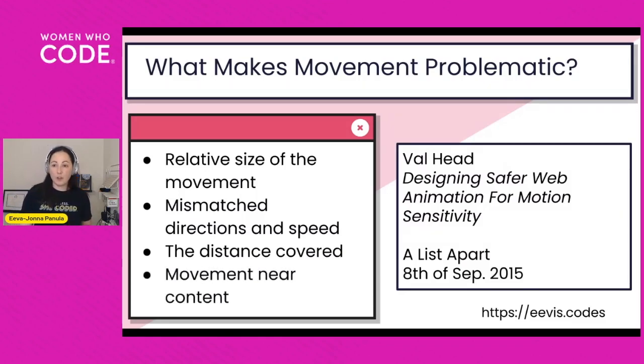And the fourth problematic thing I wanted to talk about is movement near content. I already mentioned that if there are animations near where the user is trying to read something, the movement often catches the attention.